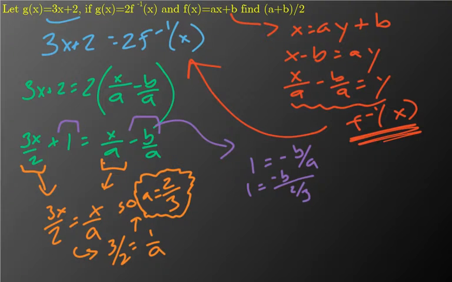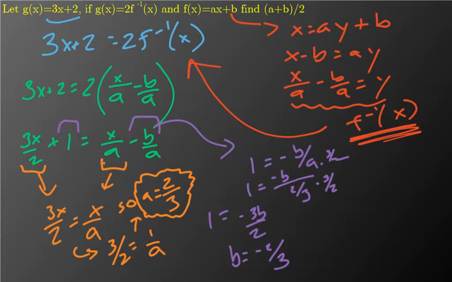So you could multiply by 3 halves if you want, just to make this thing a little nicer. So I have 1 equals minus 3b over 2, right? And then times by 2 divided by negative 3, you can see that b is negative 2 over 3, right?